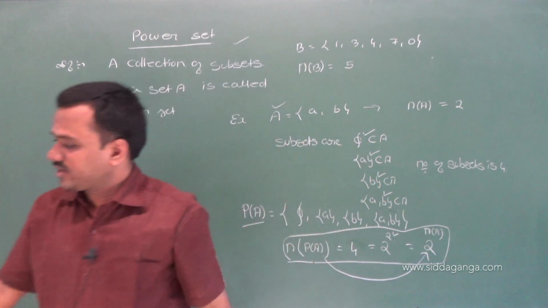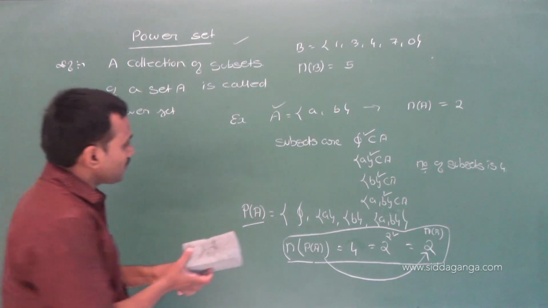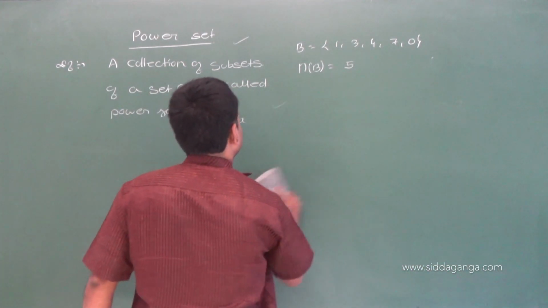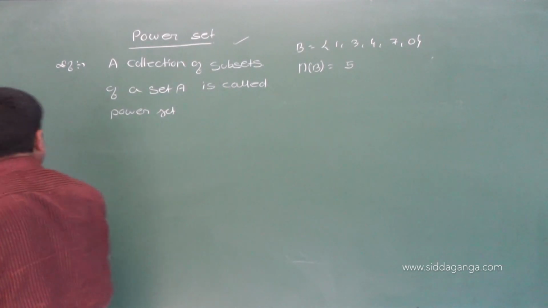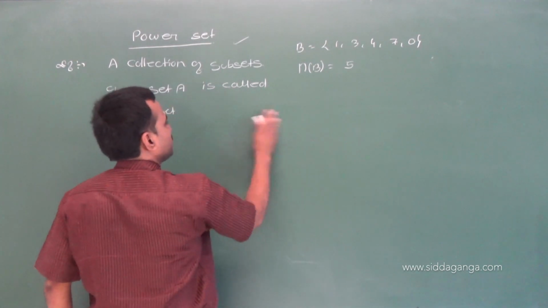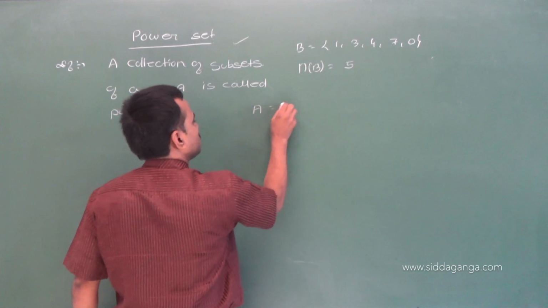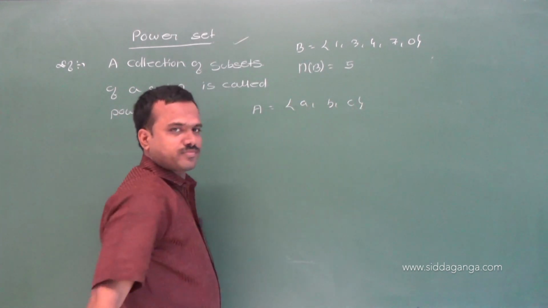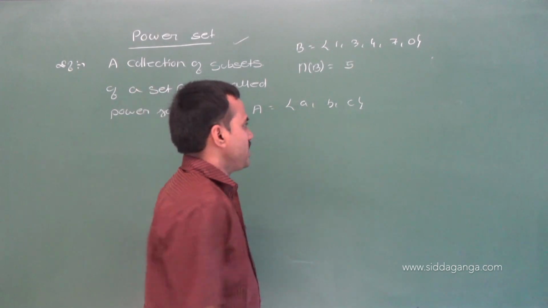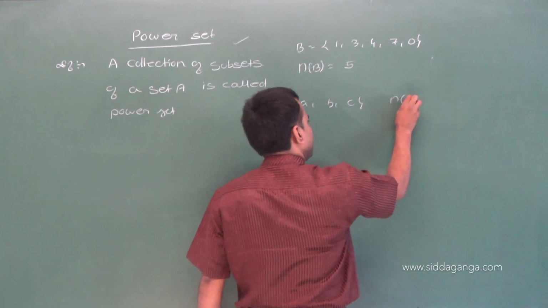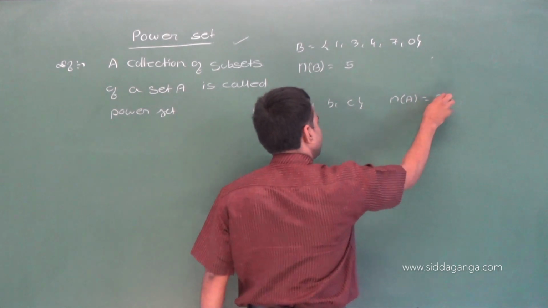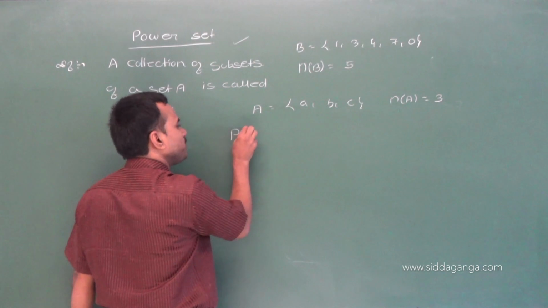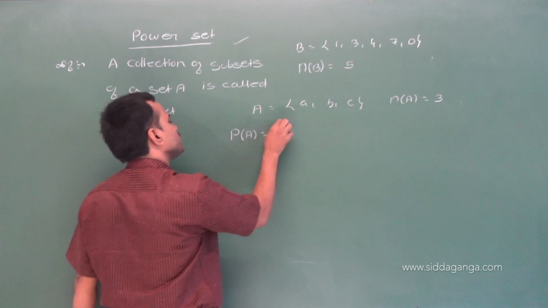If you want one more example, I want to write. So observe here. We write one more example. Just the previous example, what we discussed, power set. A is equal to {A, B, C}. N of A is how much? N of A is 3. Correct? So we write the P of A set.